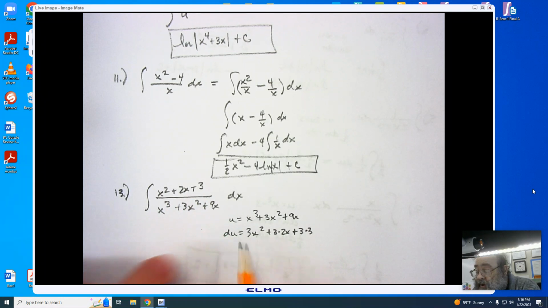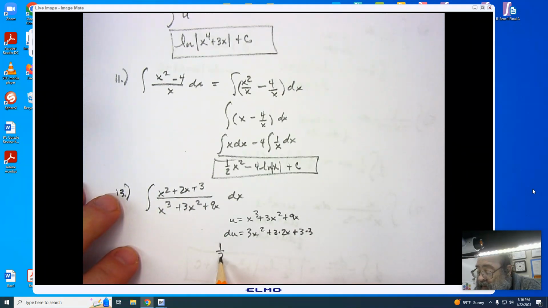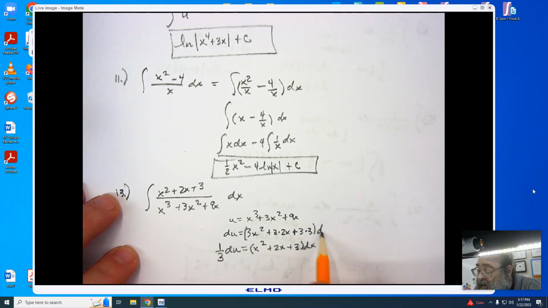And what we have to do is remove the 3 that's in front, giving us 1/3 du, x squared plus 2x plus 3, and then I can't forget my dx all the way in the back.